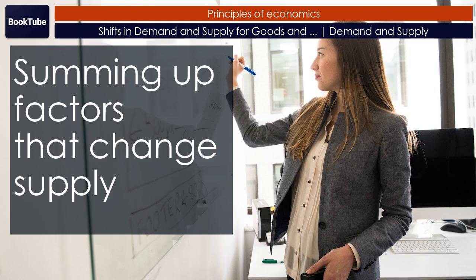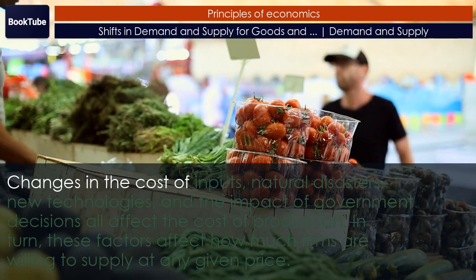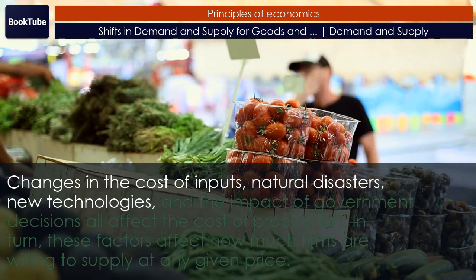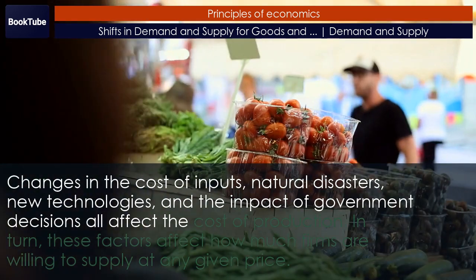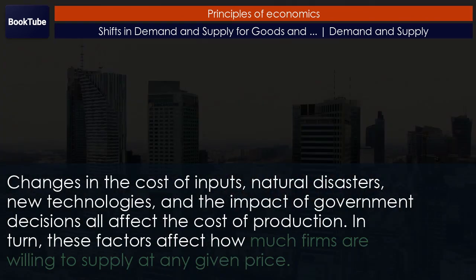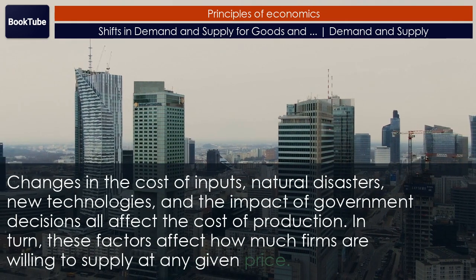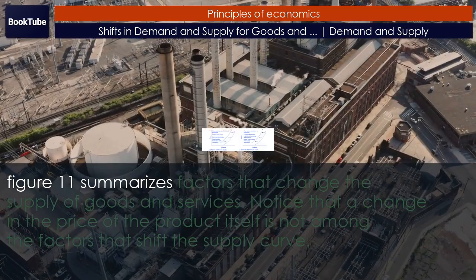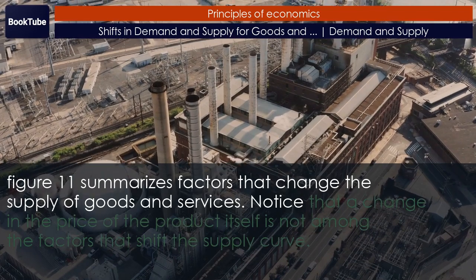Summing up factors that change supply: changes in the cost of inputs, natural disasters, new technologies, and the impact of government decisions all affect the cost of production. In turn, these factors affect how much firms are willing to supply at any given price. Figure 11 summarizes factors that change the supply of goods and services.